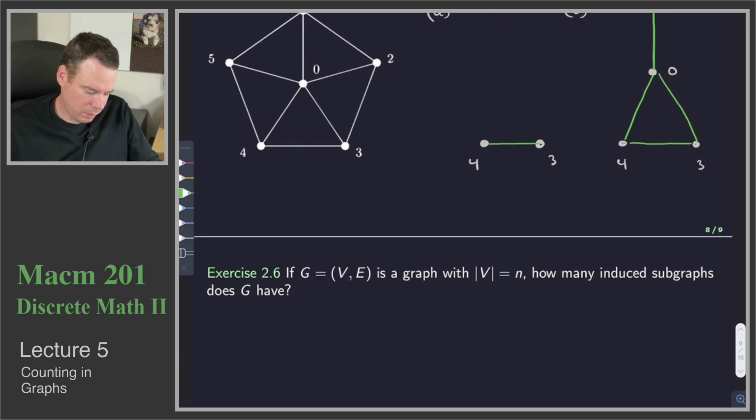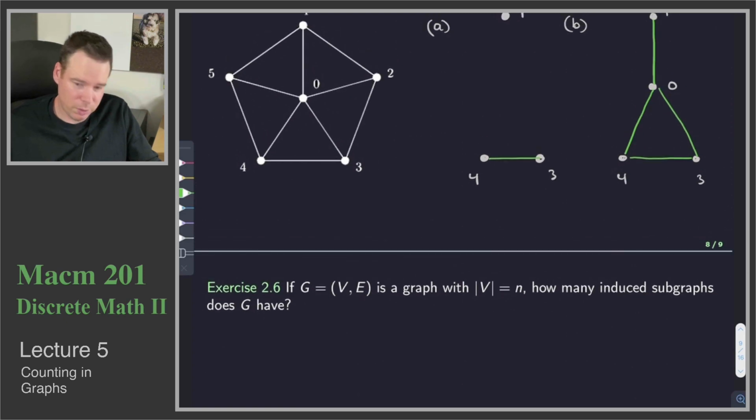There's an exercise at the end here for you to think about and ponder. It says if G is a graph with n vertices, how many induced subgraphs does G have? I want to draw your attention to the word induced.